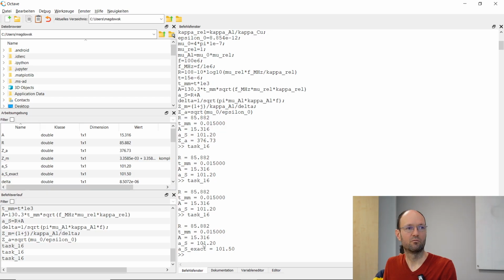From the approximated formula we get 101.2 decibel. From the more exact formula without so many approximations we get 101.5. Okay, almost no difference. Fits very, very well.